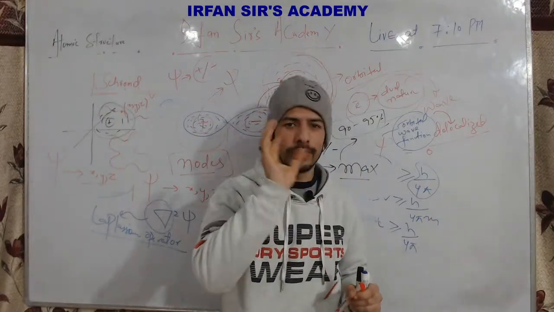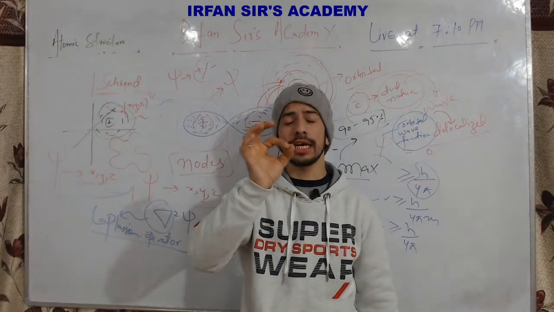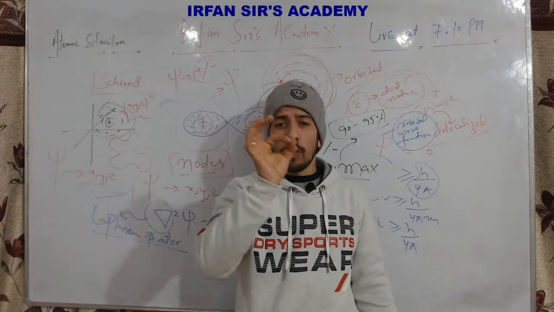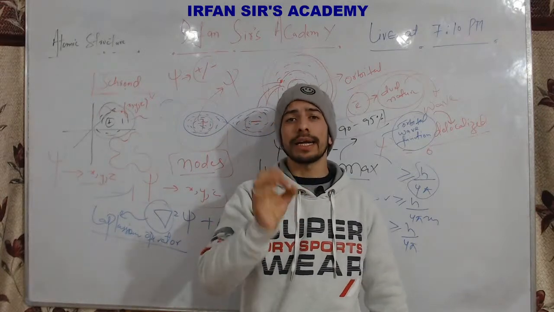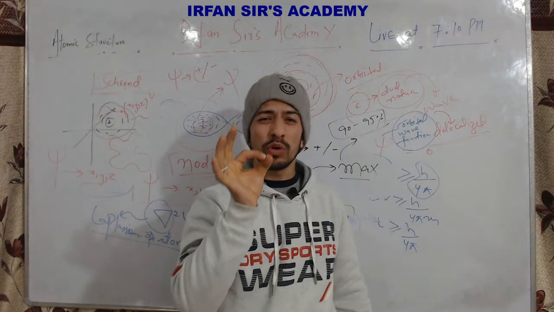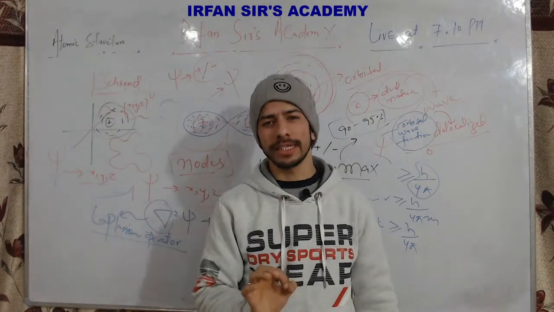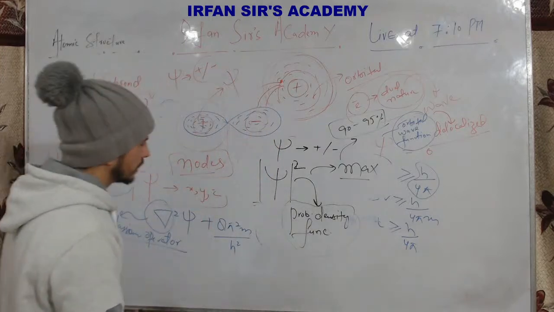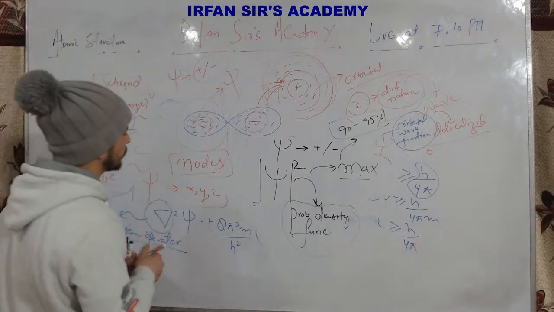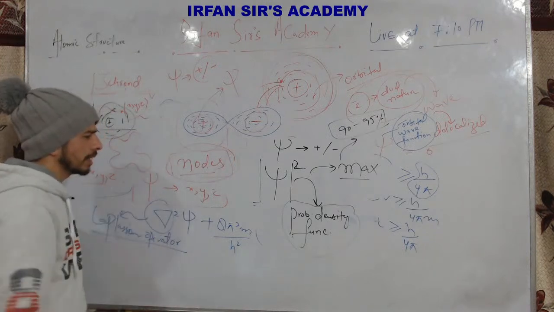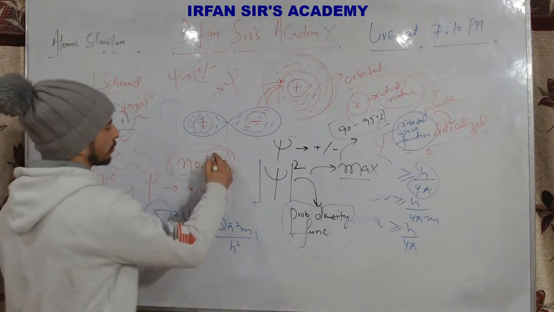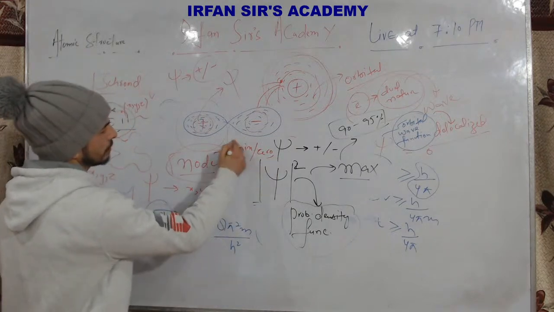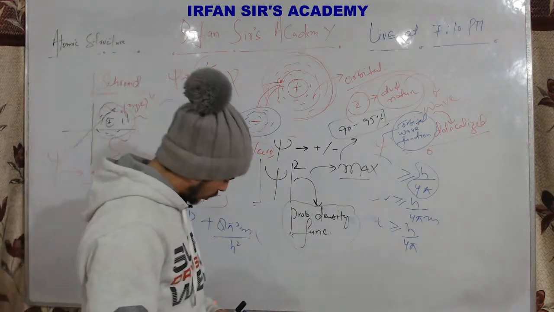Those are called antinodes. And there are some points where the particles vibrate at zero amplitude or zero displacement. Those points are called nodes. Here also, the region or the points where the probability of finding an electron is minimum, those points are called nodes. Here probability is minimum or zero. It can be 0 also, and you can say minimum also. I hope it's clear.